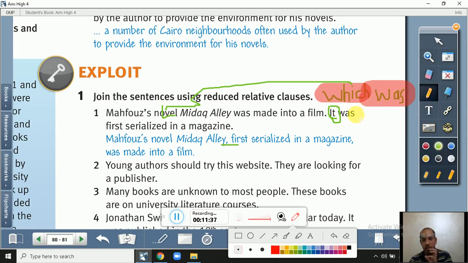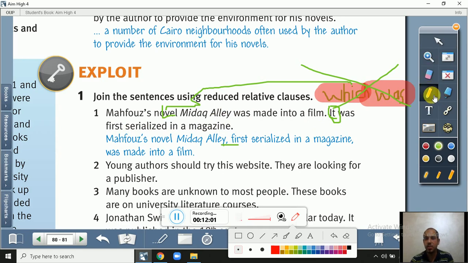We reduce the sentence by deleting this phrase, so it will start from the first: Mahfouz's novel, first serialized in a magazine, was made into a film.